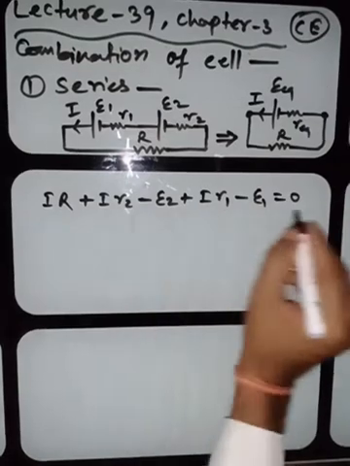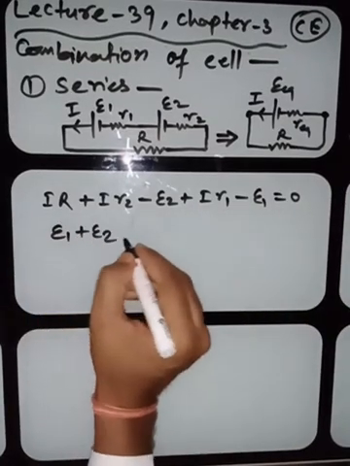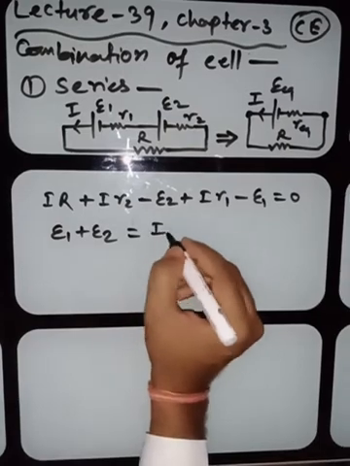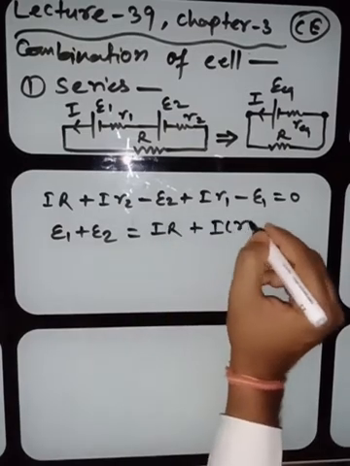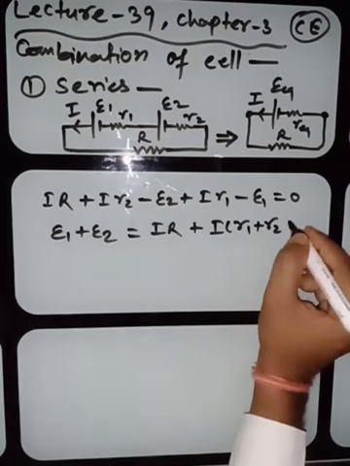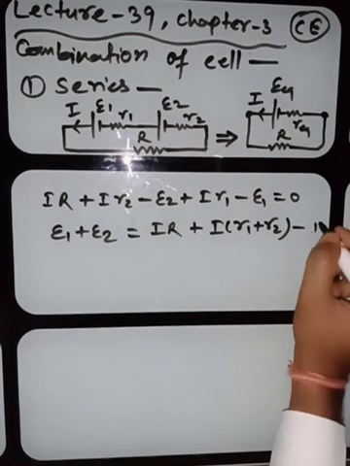Now we can write E1 plus E2 is equal to I R plus I (R1 plus R2). Am I right, my dear student? Yes, suppose this is equation 1.